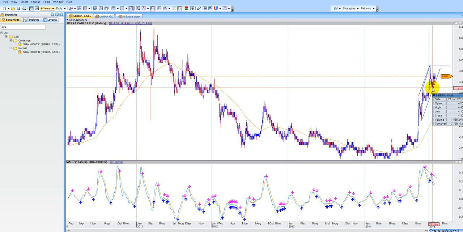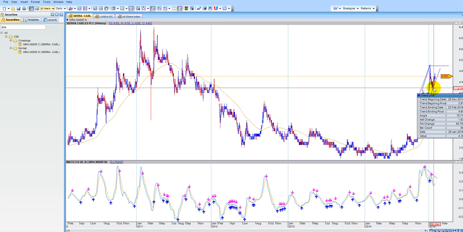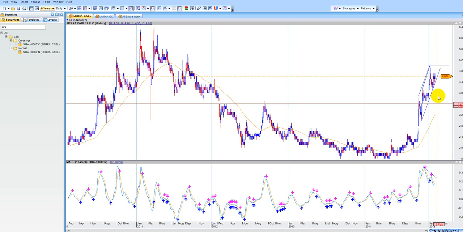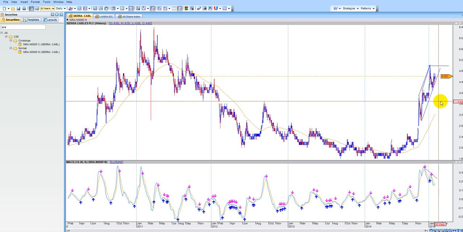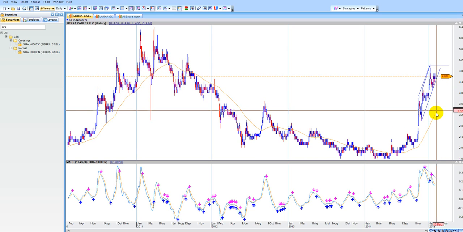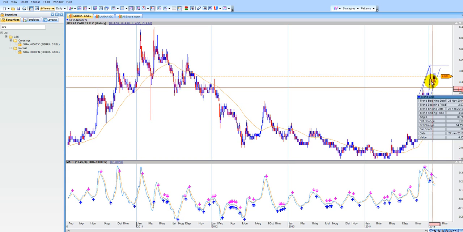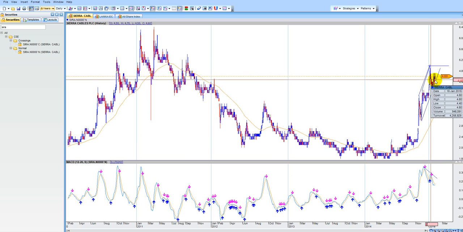So in my view, it's much safer to wait until the price falls back to the moving average. We should have this moving average as a cushion for the free fall of this price.